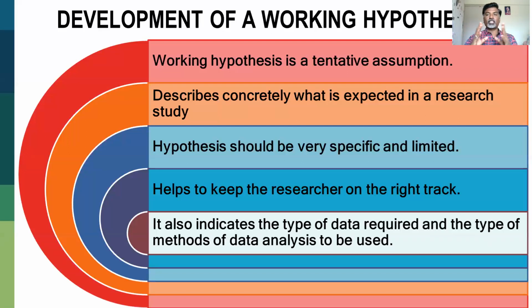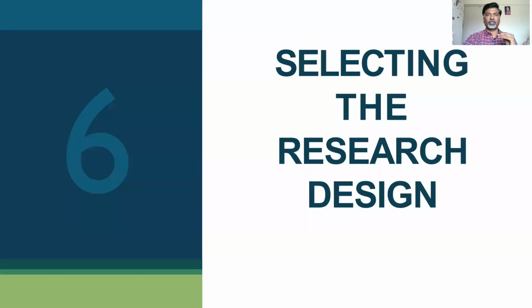A hypothesis should be very specific and limited, which helps keep the researcher on the right track, and it also indicates the type of data required and the methods of data analysis to be used. It should be simple, there should not be ambiguity, and it should be achievable. All those things you have to take into consideration while developing the hypothesis.